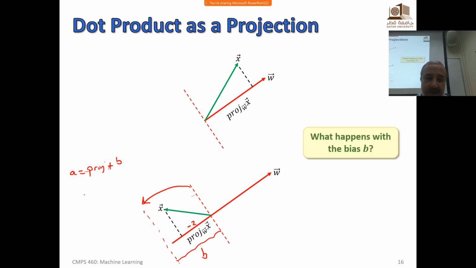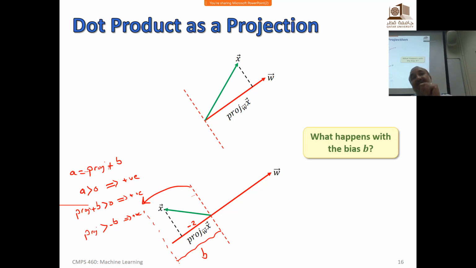That means that the rule is that if A is greater than 0, then we will predict positive, right? If we substitute A with projection plus B, this means that projection plus B greater than 0 will give us positive, right? That means that projection greater than minus B means positive.